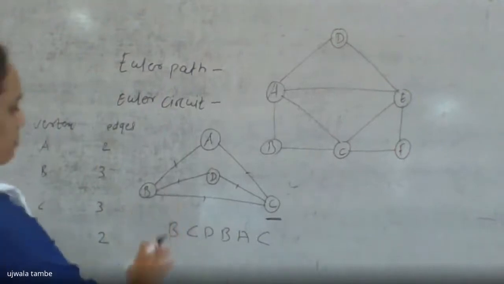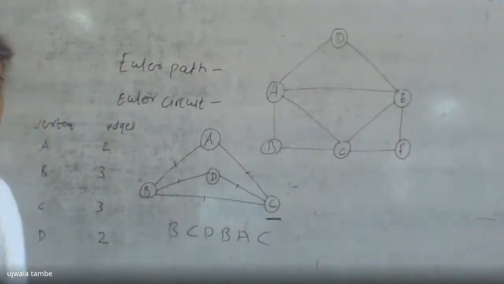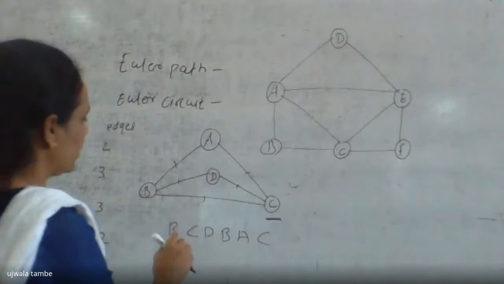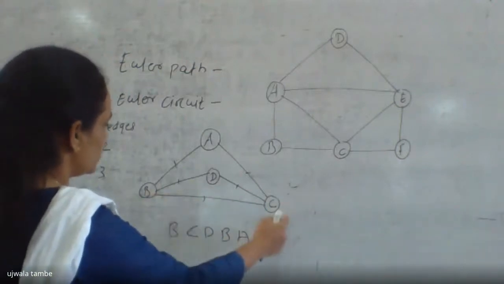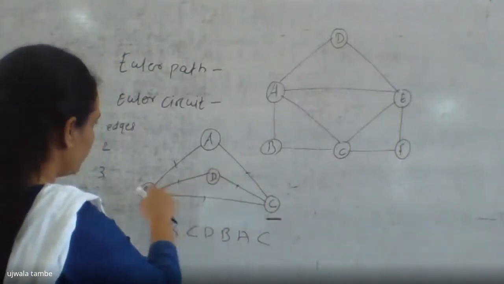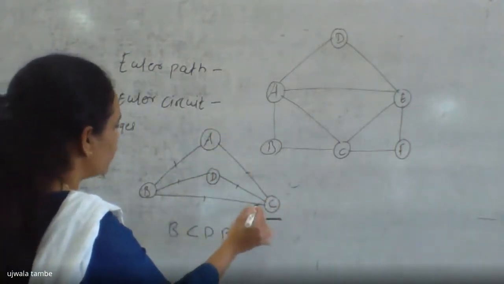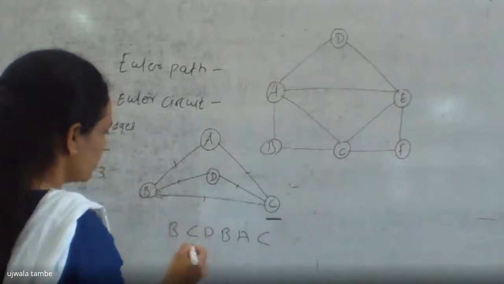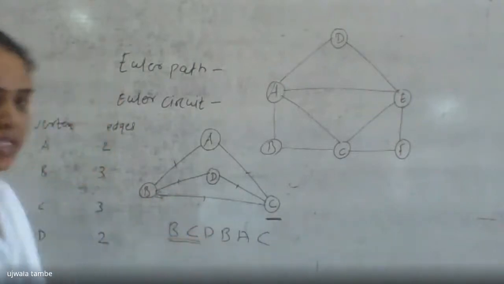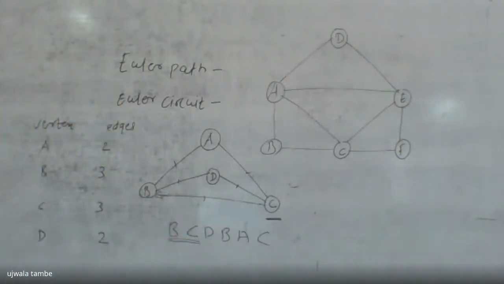For this graph, it is not possible to find the Euler circuit because every time I have to repeat one edge twice. Suppose consider B, C, D, B, A, C and again I have to visit C to D, which is already covered as BC.